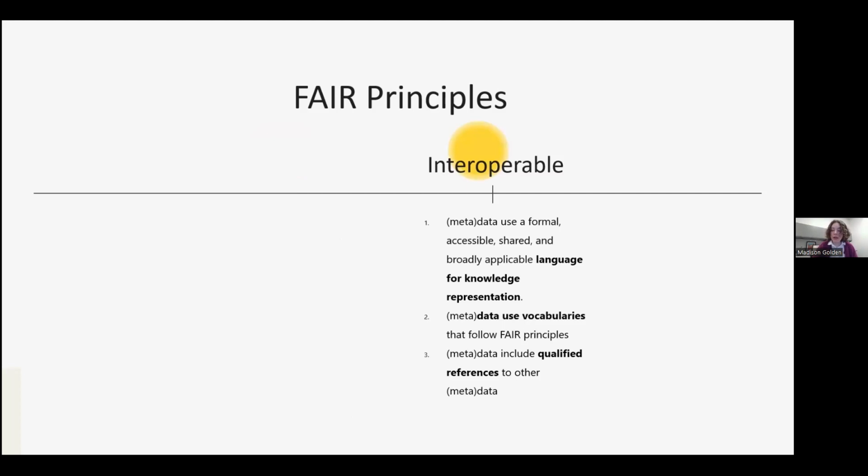So some actions to meet this principle would be including that code and software information we discussed earlier, and using standard file formats and openly accessible software. So if you were using Adobe Photoshop and you exported that file in the Adobe Photoshop file format, then no one who doesn't pay for Adobe can open that photo.